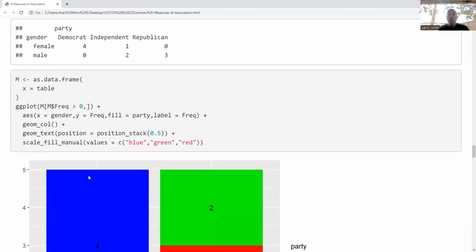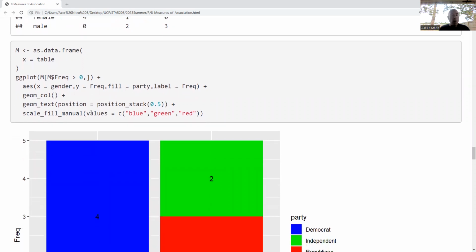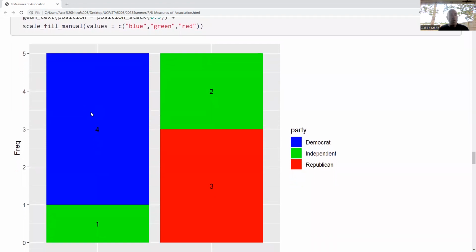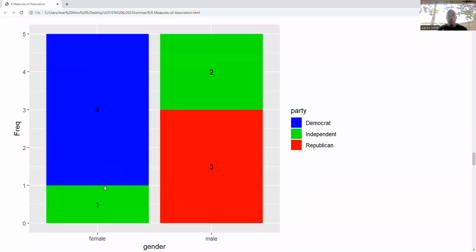To be able to plot this visually, I'm going to go ahead and convert this to a data frame. And then we're going to go ahead and plot it. So blue means Democrat, red means Republican, green is independent. And so we can see that there is something going on, according to this data set, because we see that there are no Republicans in the female column.